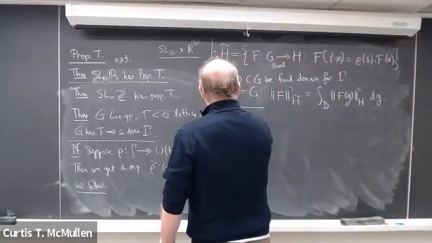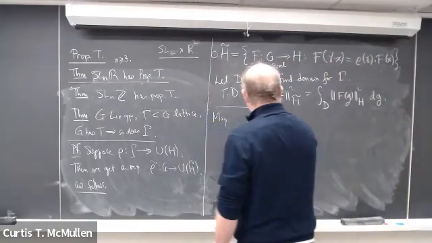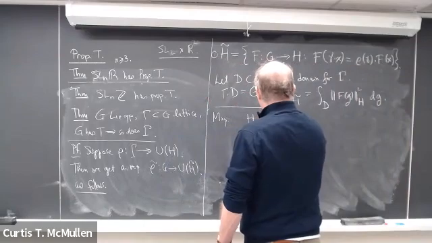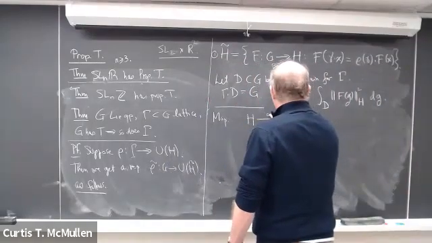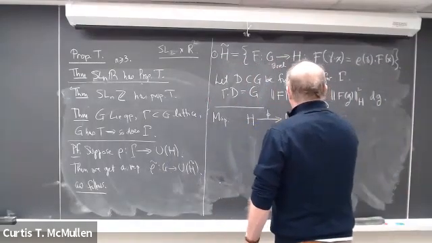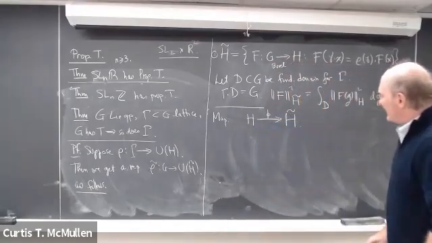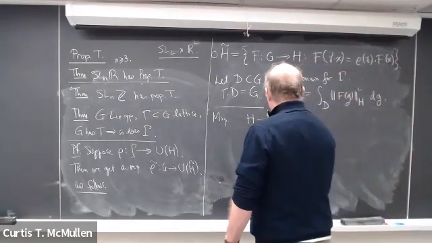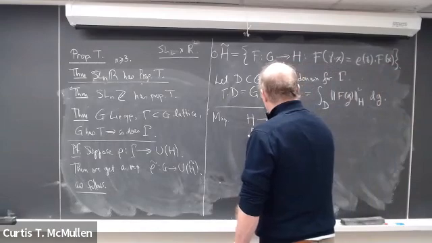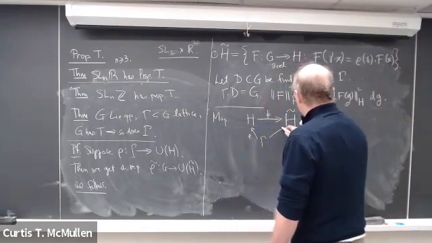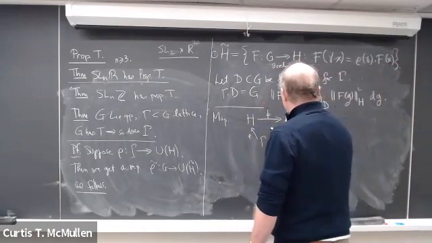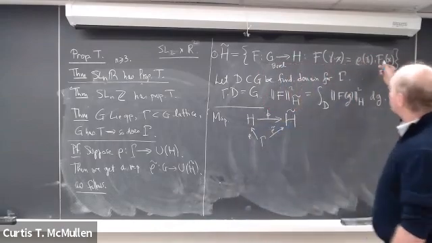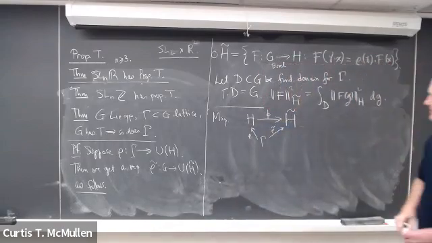So now we have a map from the Hilbert space H into the Hilbert space H tilde. And we have gamma acting on both spaces. Gamma acts here via our original representation rho, and it acts here via our representation rho tilde, because after all, it's a subgroup of G.